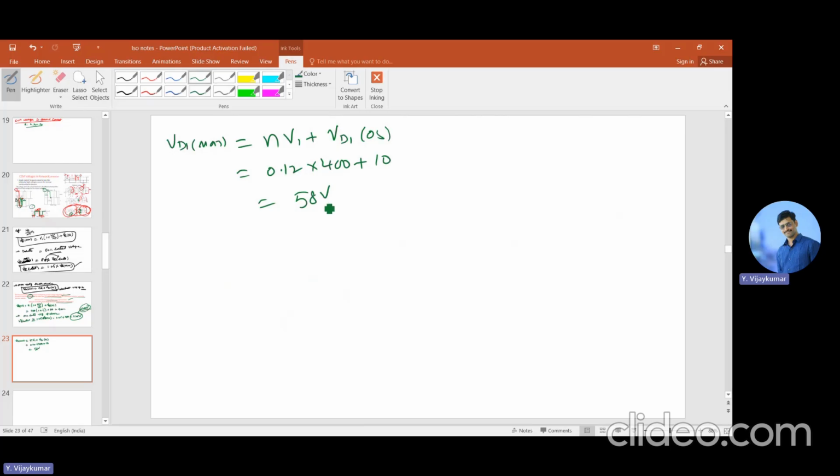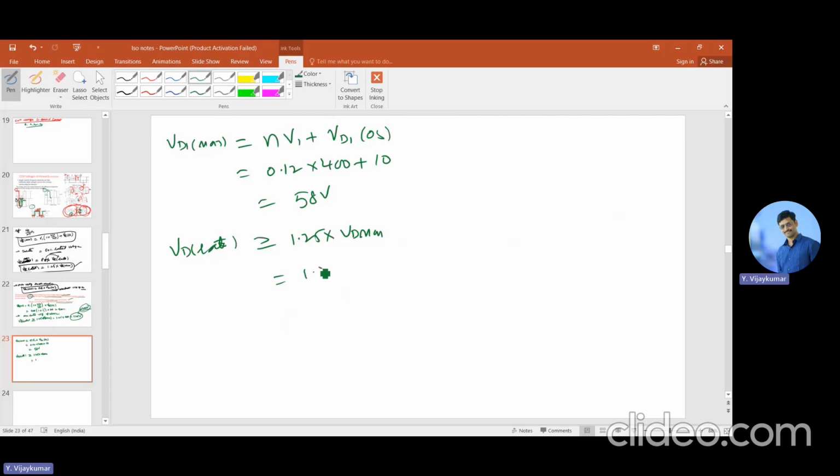So the minimum voltage of the diode, VD rated, is greater than or equal to 1.25 times VD max, because the device rating must be greater than the operating voltage.